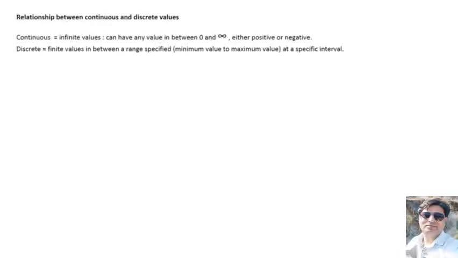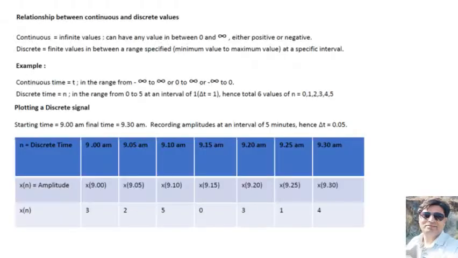Now look at this example. In this example, we have a continuous time t in the range from minus infinity to positive infinity, or it may be from 0 to infinity or from minus infinity to 0. Whereas in case of discrete time, which is equal to n, it may be in the range of 0 to 5 at an interval of 1.